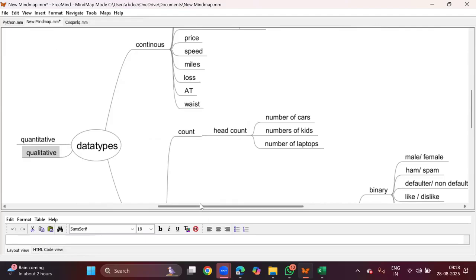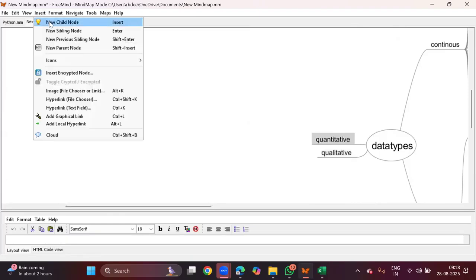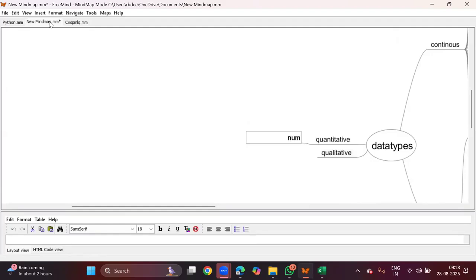Now, what is quantitative and what is qualitative? Quantitative is again numeric data. Qualitative is nothing but categorical data.